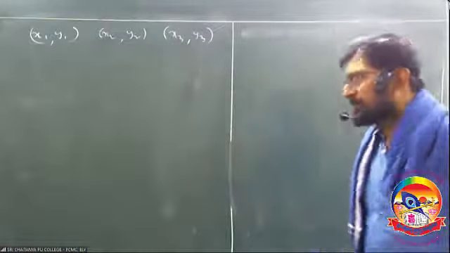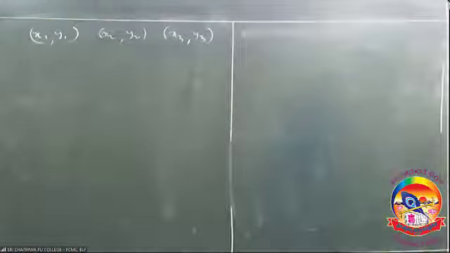Please write down the area of triangle formed by the vertices A (x1, y1), B (x2, y2), C (x3, y3).